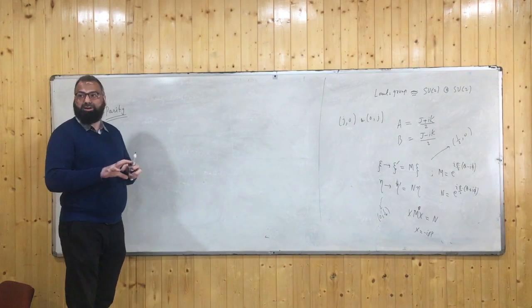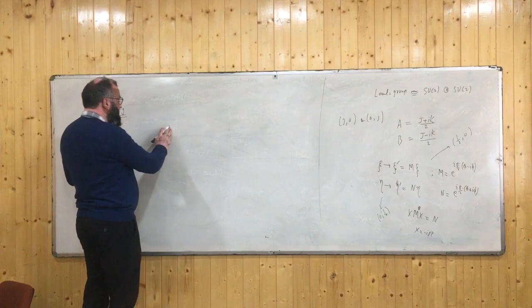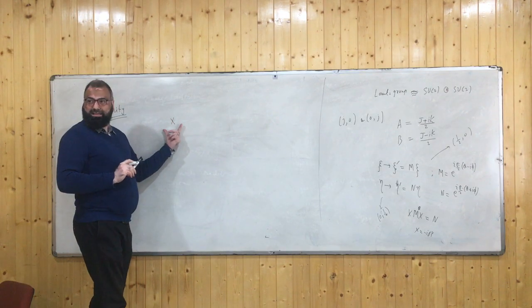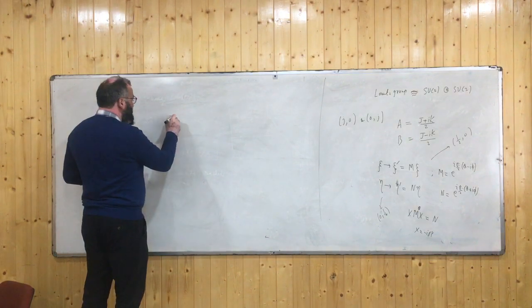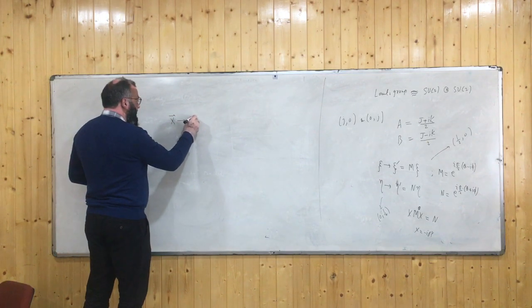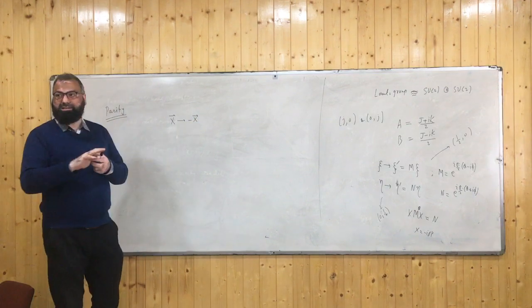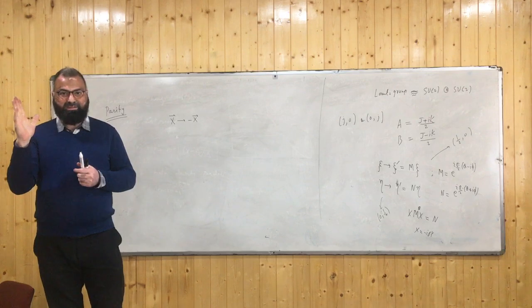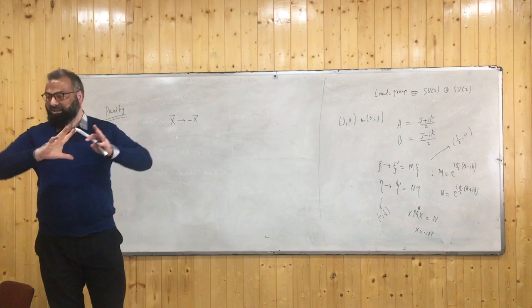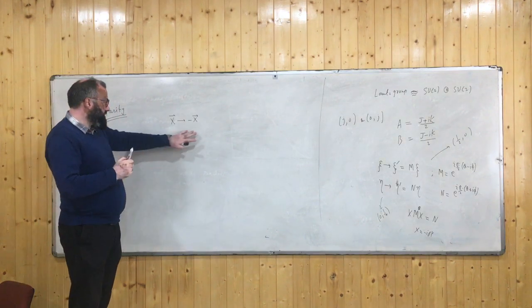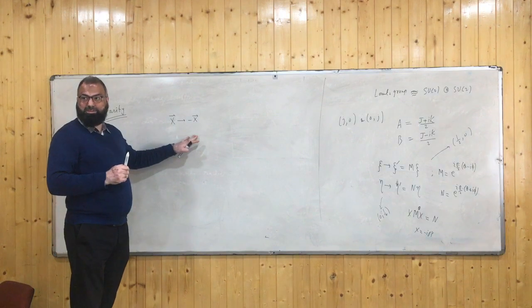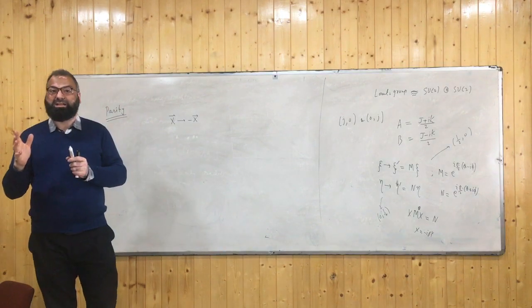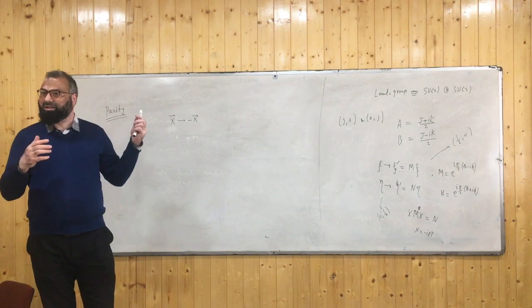Parity simply means a discrete coordinate transformation. Suppose I am given a vector x. Under parity, this vector will change to what? Minus x. It is simply a reflection about the origin. Clear? So it's a mirror reflection. Got my point? It's a discrete transformation, because you cannot change your coordinates continuously in such a way that you get to this point.